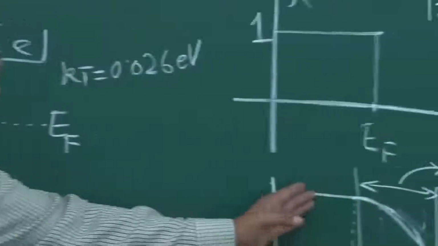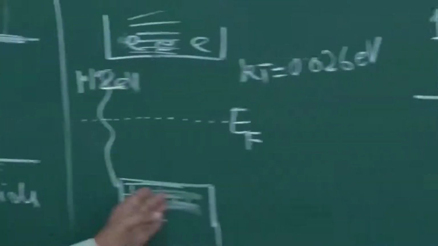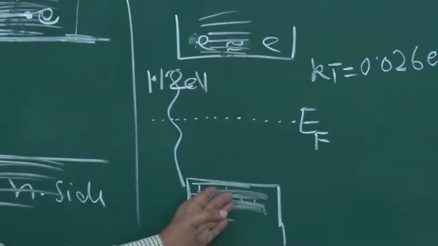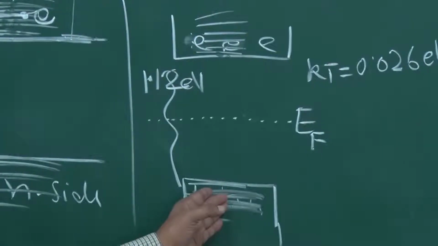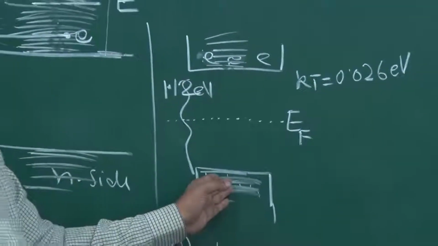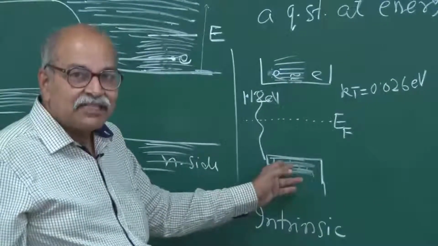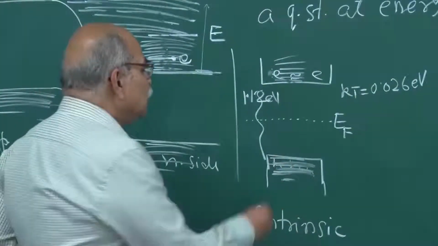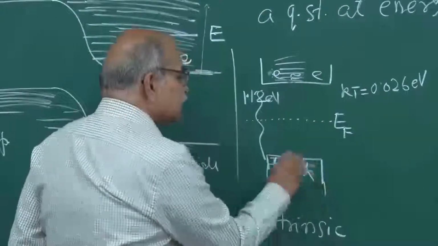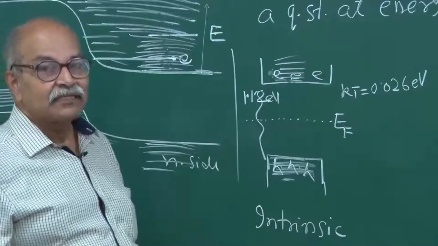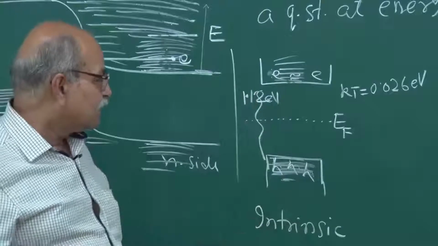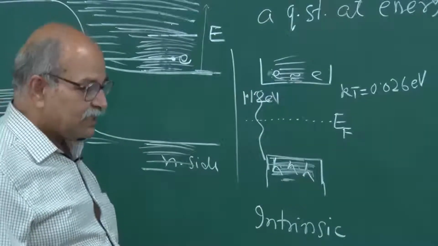So the probability that it is not occupied, which is 1 minus Fe, so that there is a hole there, is again very, very small, and only a few holes will be there. That's the picture for an intrinsic semiconductor.